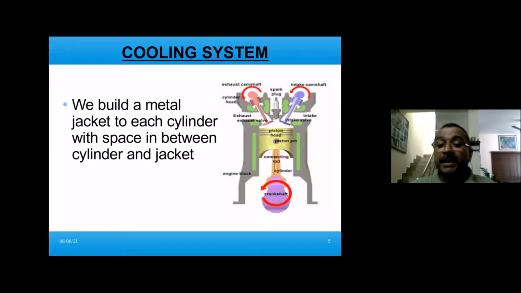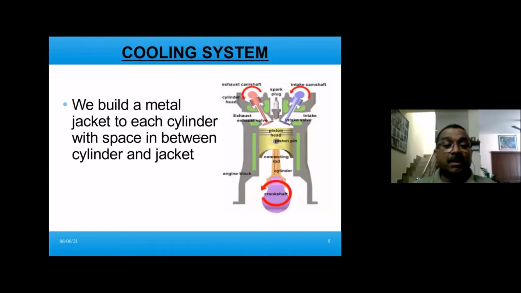Then you can see some other portions as well, colored in green. All these are circulating coolant. By circulating coolant through these spaces, we will keep the engine at a desired temperature.